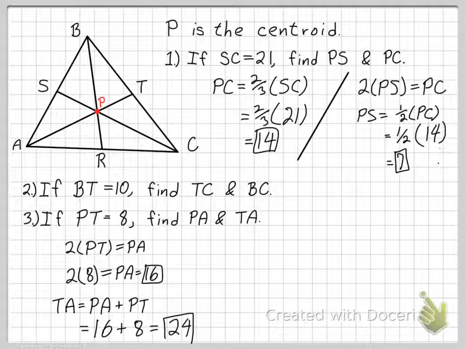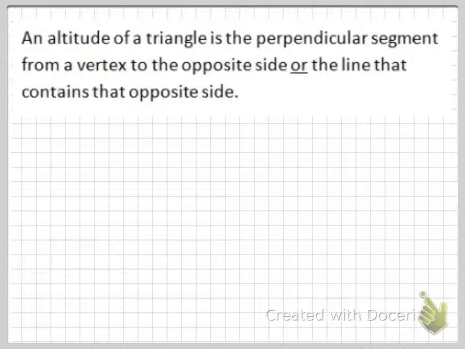And we have another topic in today's lecture, another point of discussion, and that is altitudes. The altitude of a triangle is the perpendicular segment from a vertex to the opposite side or the line that contains that opposite side. So let's look at this first part first.